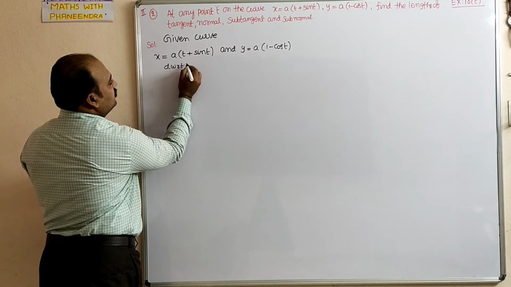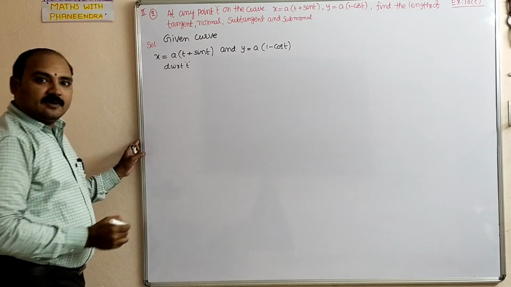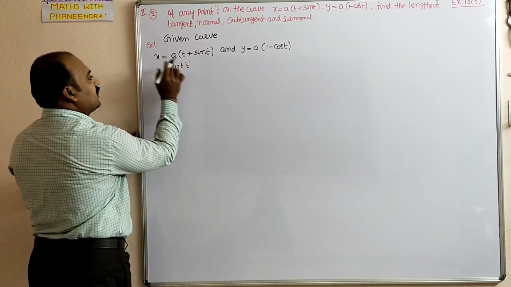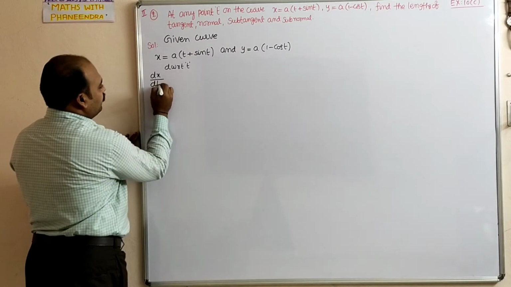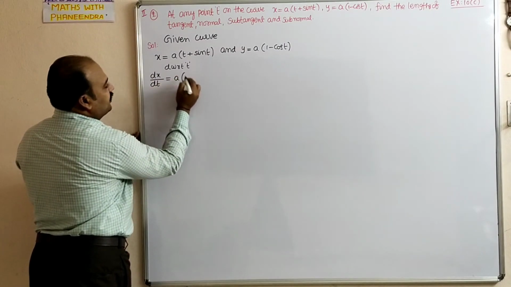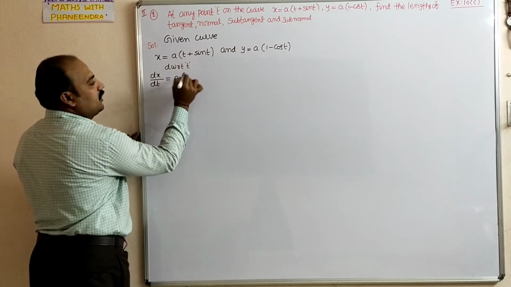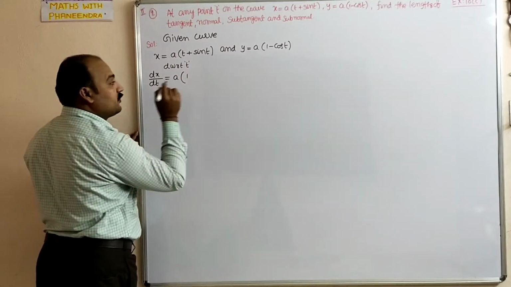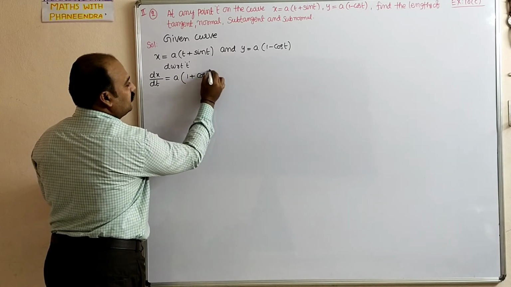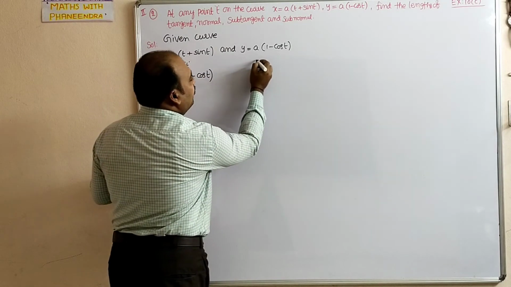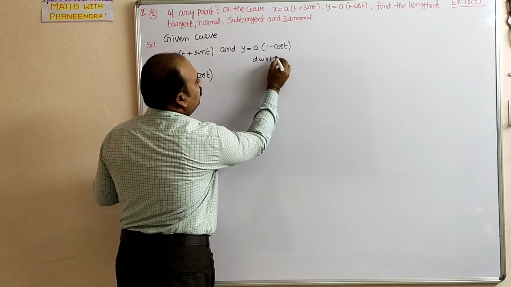Why? Because x is in terms of t, y is in terms of t. So x derivative with respect to t is dx by dt. a is a constant, d by dt of t is 1, plus d by dt of sin t is cos t.